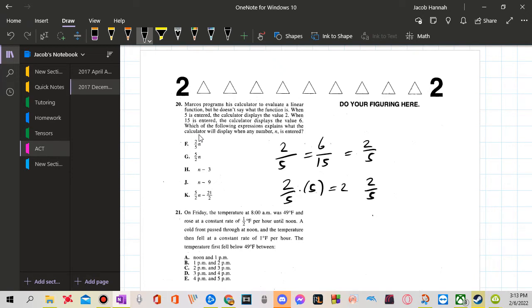And if you do 2 over 5 times 15, that's 2 times 15, 30, divided by 5 is 6. So if you use this relation, 2 over 5 times n, you'll get that output back. So the answer is F.